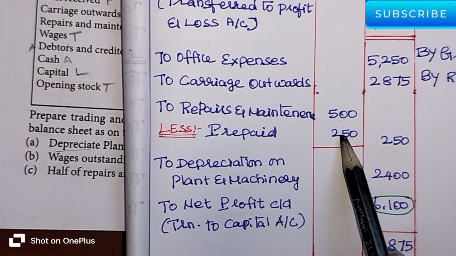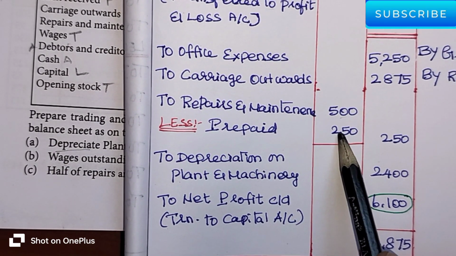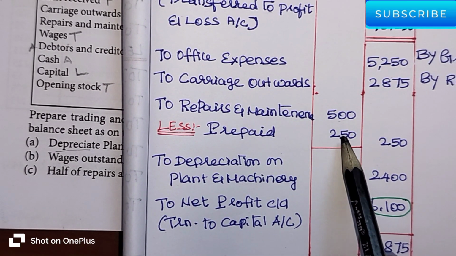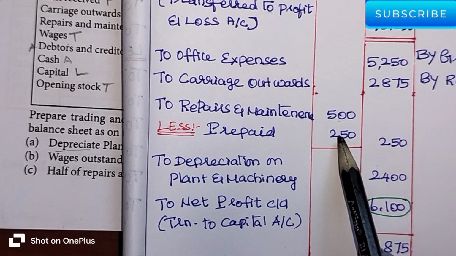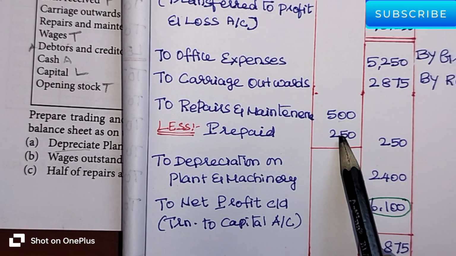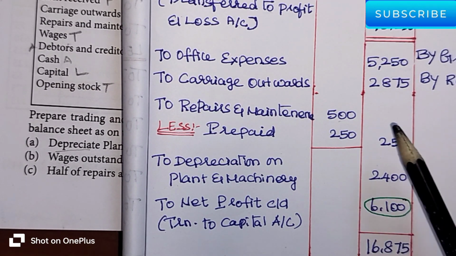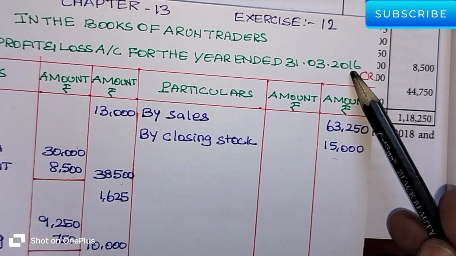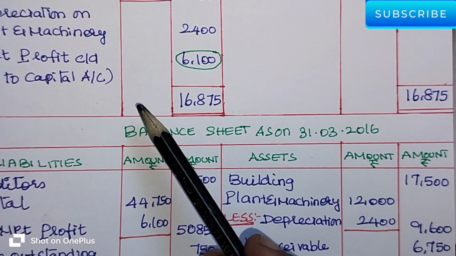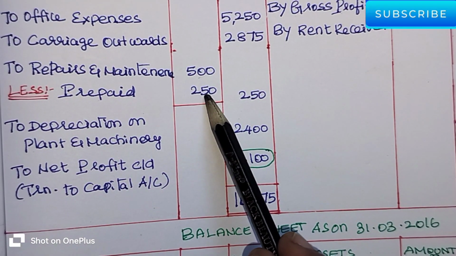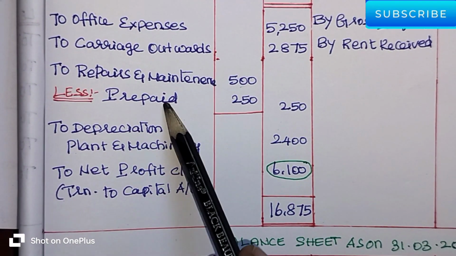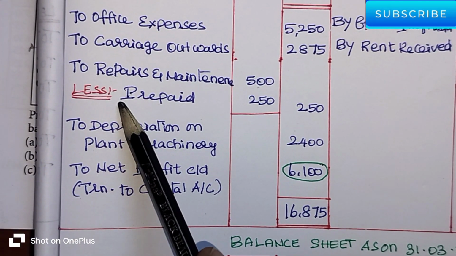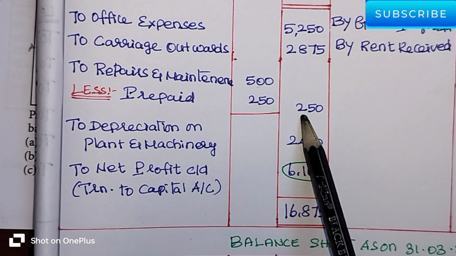So 250 rupees we enter in the current accounting period, this year, and the next 250 rupees we enter in the next accounting period. Now we are preparing 2016, so next year we have to enter the other 250 rupees. For prepaid expenses, we subtract 250 rupees from 500 and get 250 rupees.